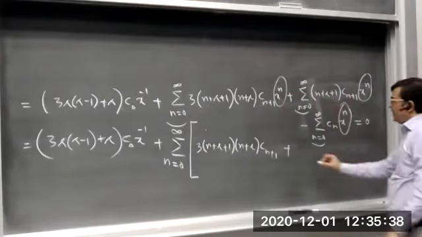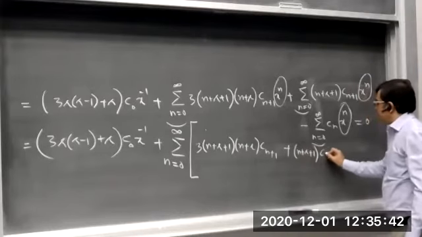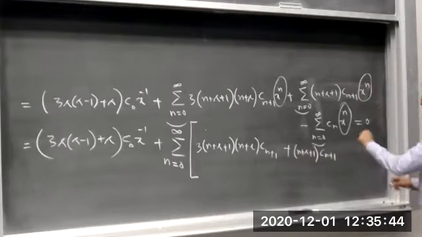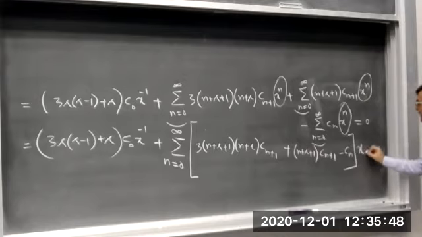Now from here we can write (n plus r plus 1) c n plus 1 again, and minus cn, x power n equal to 0. This is what we obtain.